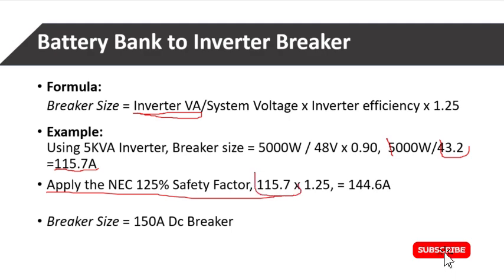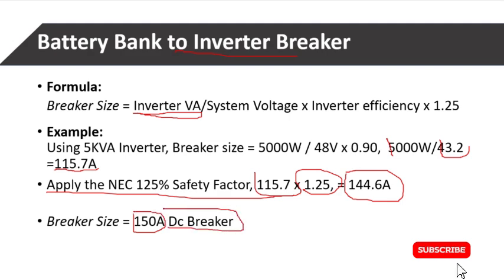You can see, multiplied by 1.25, it gives us 144.6 amps between our battery bank and our inverter. Now we may not get this exact breaker size, so we choose the next available size in the market, which is a 150 amps DC breaker.